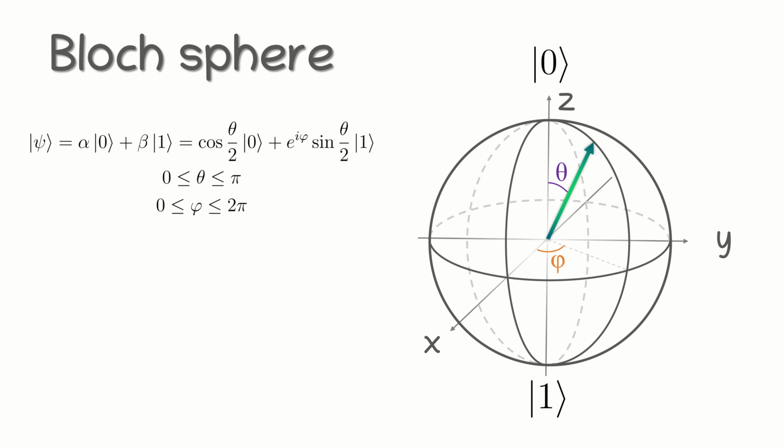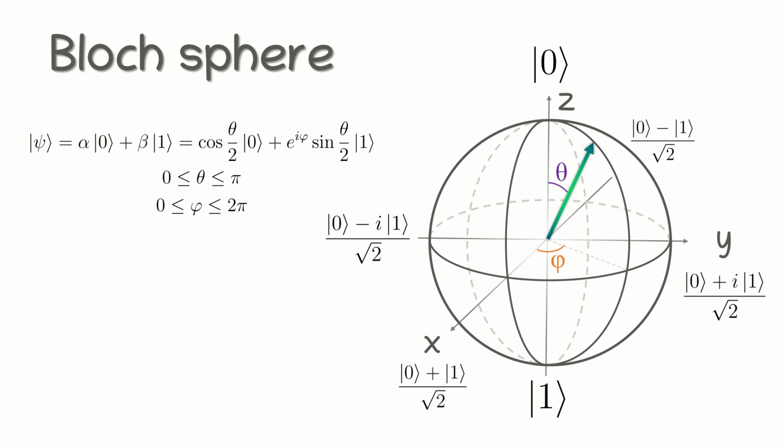The north pole of the sphere corresponds to the quantum state ket 0, the ground state. The south pole corresponds to the state ket 1, the excited state. And points on the equator represent superpositions of these states. The x-axis corresponds to the 0 phase between ket 0 and ket 1, and the y-axis corresponds to the angle phi equal to pi half. The other interesting positions on the Bloch sphere are shown on the screen.